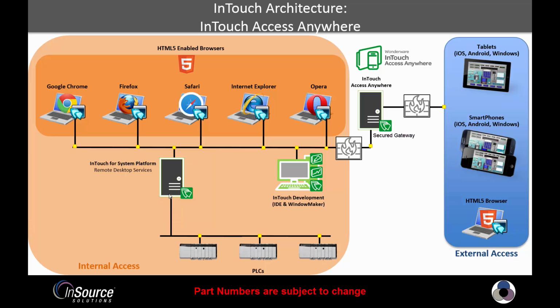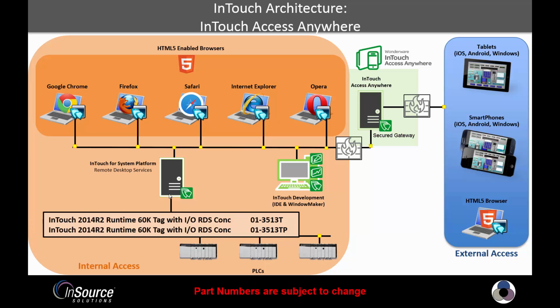However, any computers outside of this network have to access something called a secured gateway. It's what establishes connections for the outside world to communicate in and view the applications that are on my remote desktop server. So here's the part numbers. We have to purchase a license for remote desktop with concurrent licensing to do InTouch Access Anywhere.